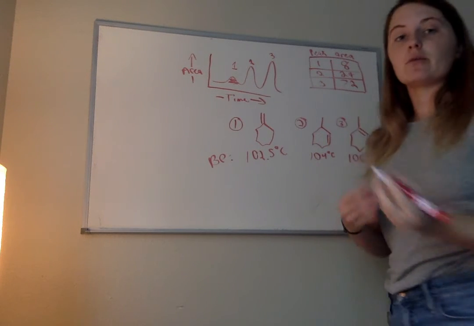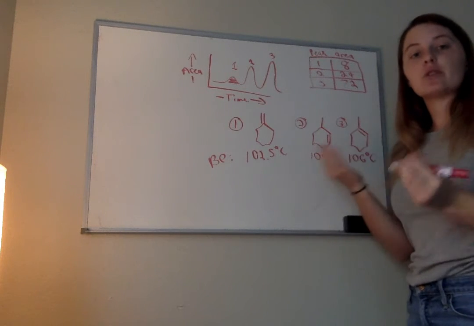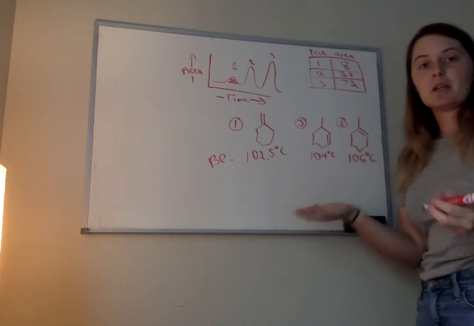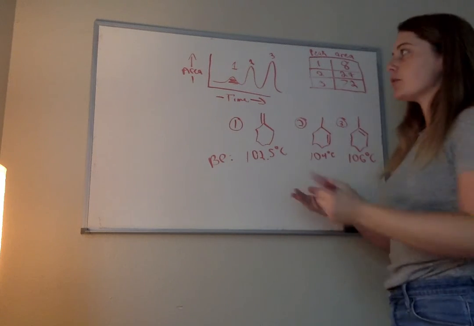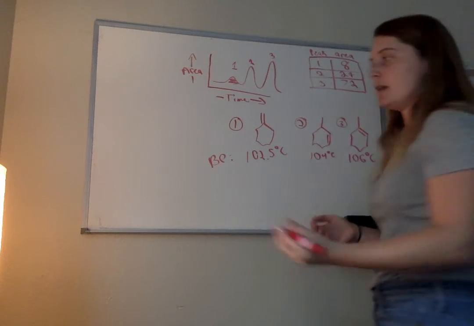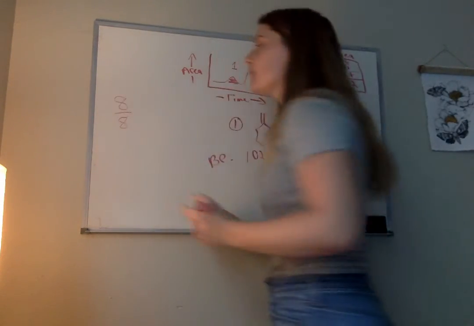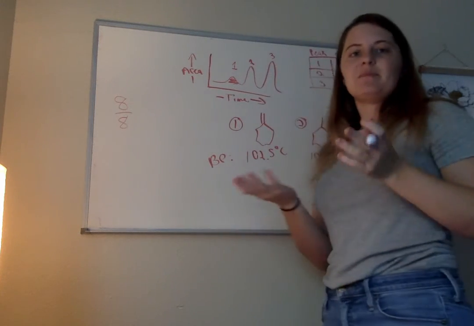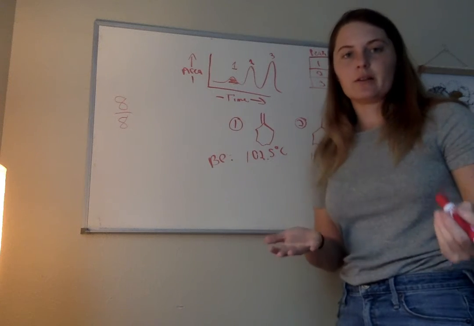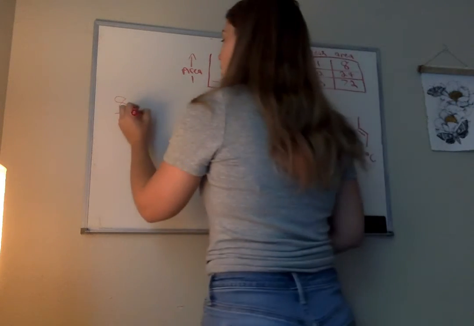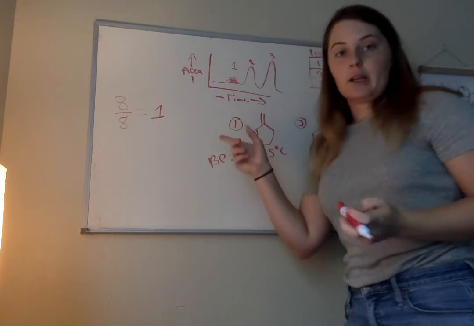We want to calculate the relative areas, so a ratio of each peak. The way you're going to do that is first you identify the smallest peak, the lowest area. Obviously that's number 1 at 8. So we'll set this factor equal to 1. The way we do that is 8 over 8. Include units, and that'll come on the GC data, but I'm just trying to explain the theory right now. So this one has a relative area of 1.